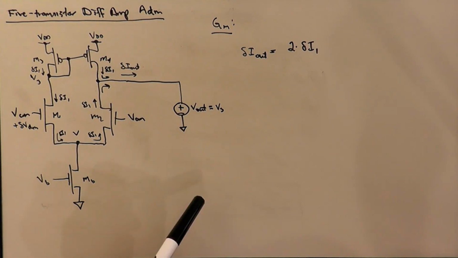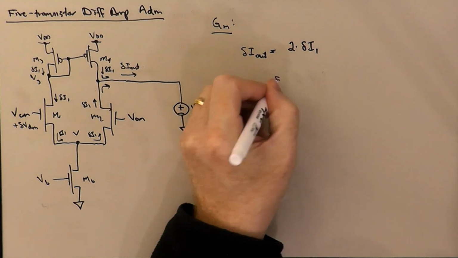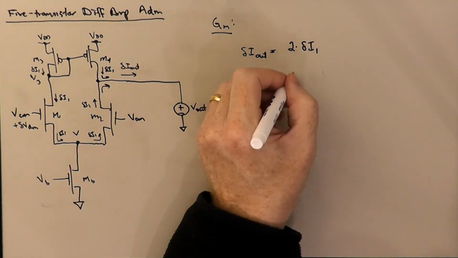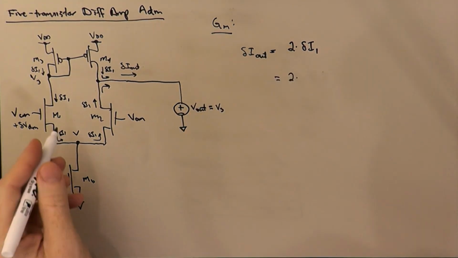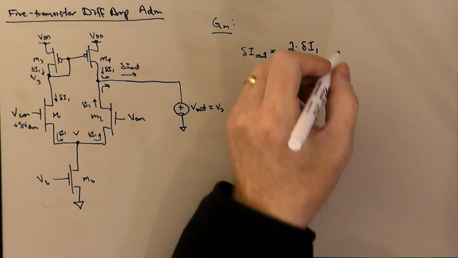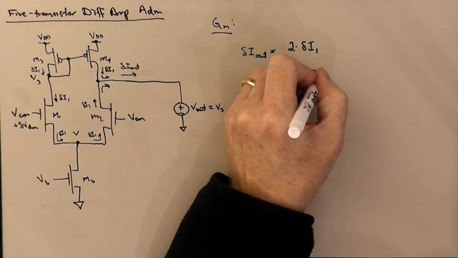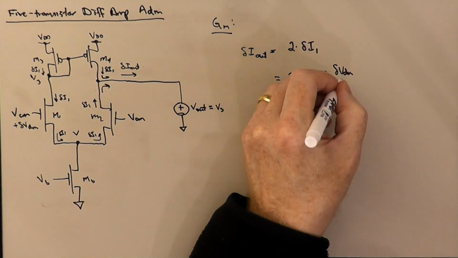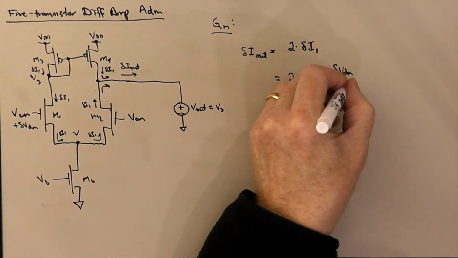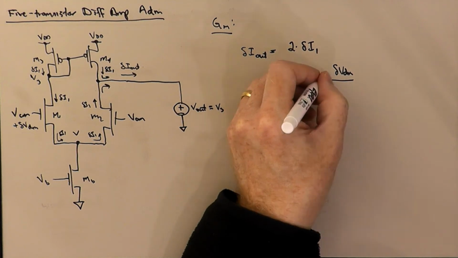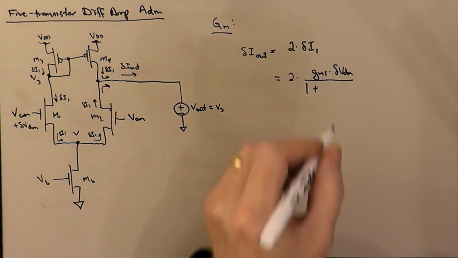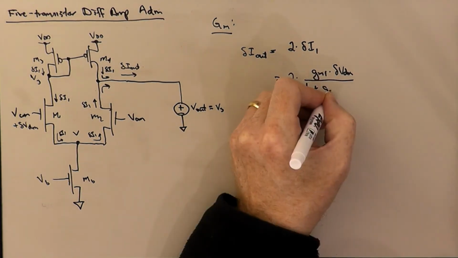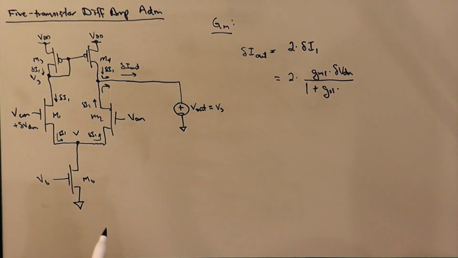And so we can use the result we just figured out. And we have that this is going to be 2 times, well, it's the little gm of M1 times the delta VDM divided by 1 plus GS1 times whatever Rx is down here.